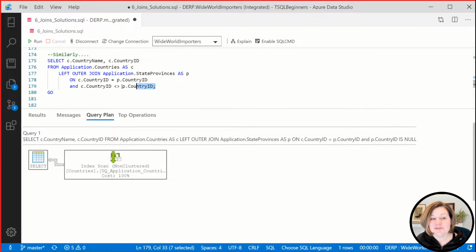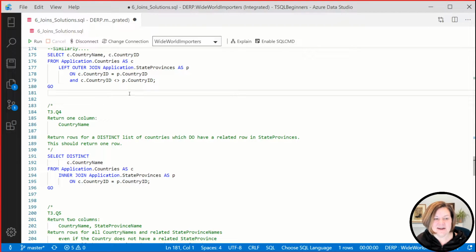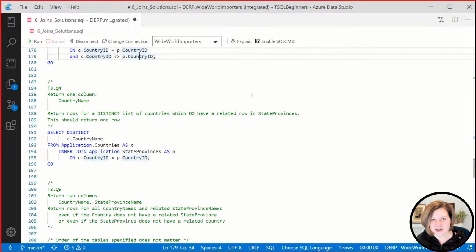So trying to put it all in the join clause won't actually get it done. Partly that's to do with the order of operations, but it's also because we haven't told it, yes, we want to do the match based on this column and then show that it actually doesn't have a match. That's a two-step operation. All right.